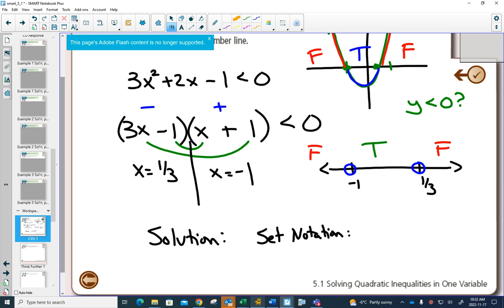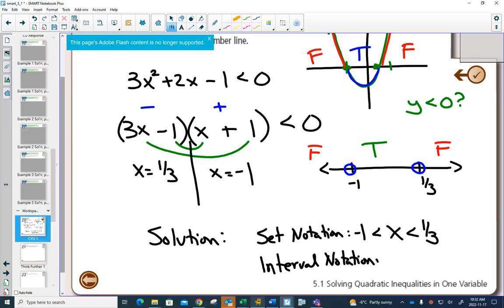In set notation, you would write your solution as our x values have to be between -1 and 1/3. And there's also an interval notation for a solution.